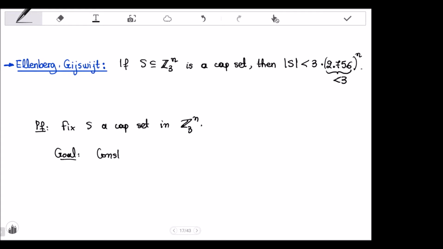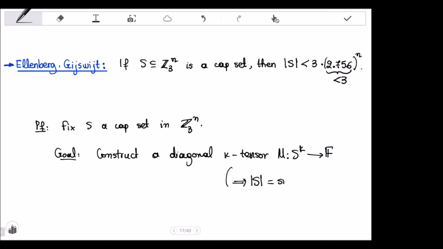So construct a diagonal K-tensor from S to the K, from K-tuples of S into F. Because then we will know automatically by the slice rank lemma that the size of S, which we want to understand, is exactly the slice rank of this tensor. The K is up to us. We don't have any specification. This doesn't include anything about the K.